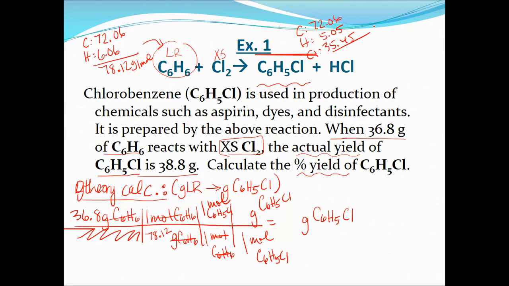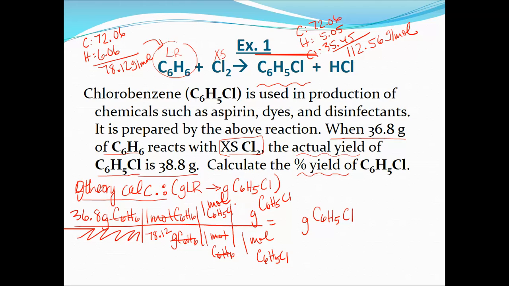So let's add those together. So we have 72.06 plus 5.05 plus 35.45. And that's going to give me a grand total of 112.56 grams per mole.